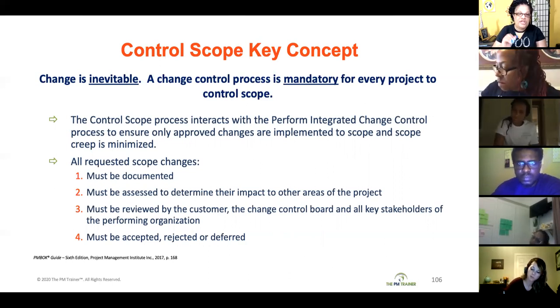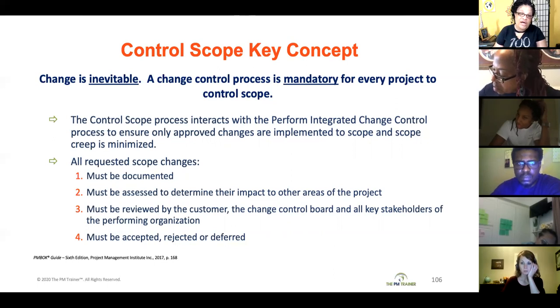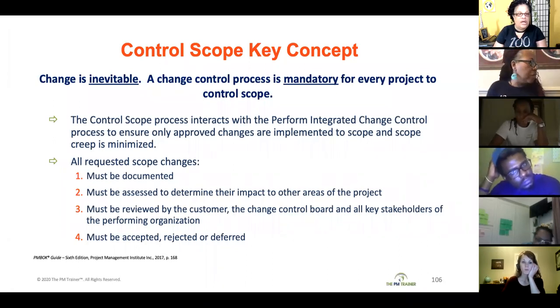When a scope change request comes in, it goes through the perform integrated change control. It's evaluated against its impact to your cost, to your schedule, and your other constraints. Then it is going to be decided upon, yes or no. Is it approved? Is it deferred?